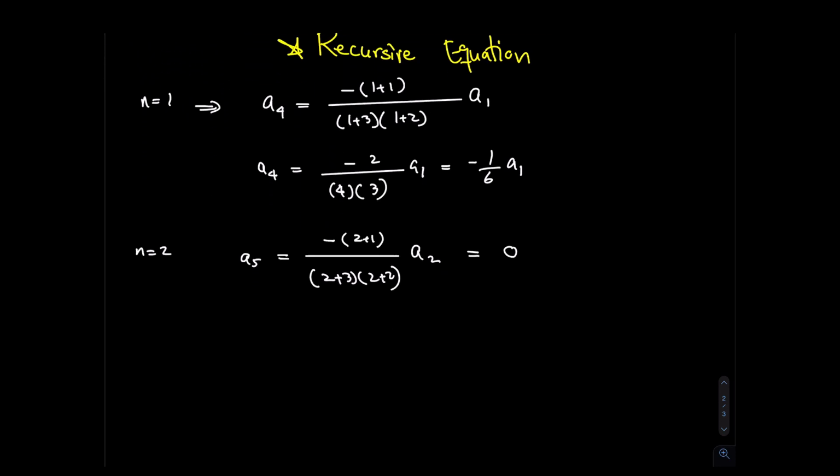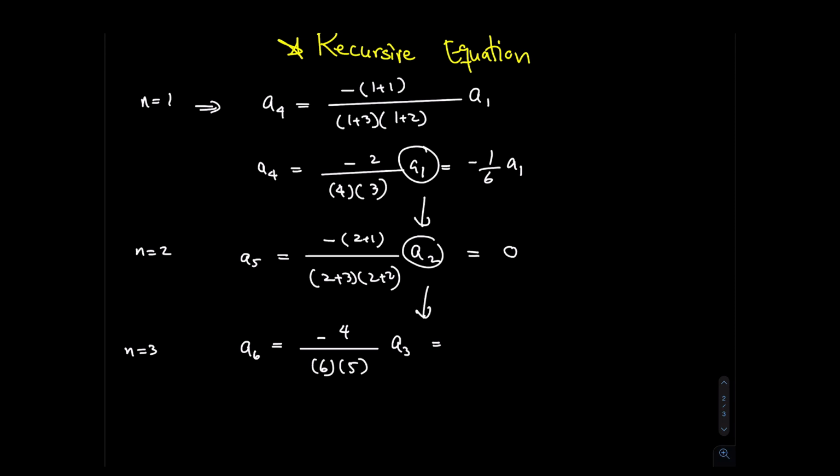Now if I continue, n is equal to 3, a6 will be negative 4 times 6 times 5, because if you look at a pattern, a3. Remember, we're going from A1 to A2, so you can see the pattern. You don't really have to keep calculating it every time.